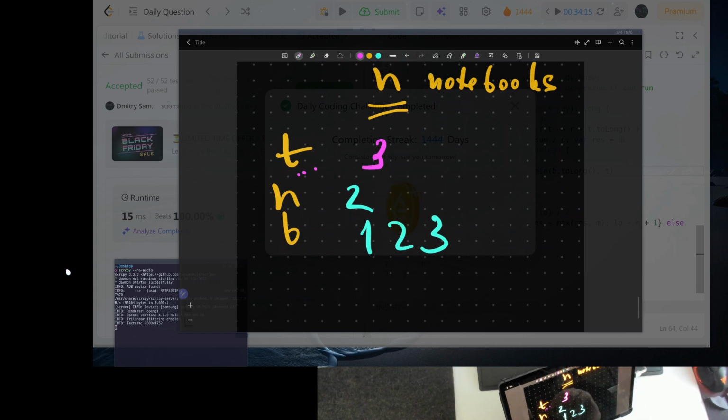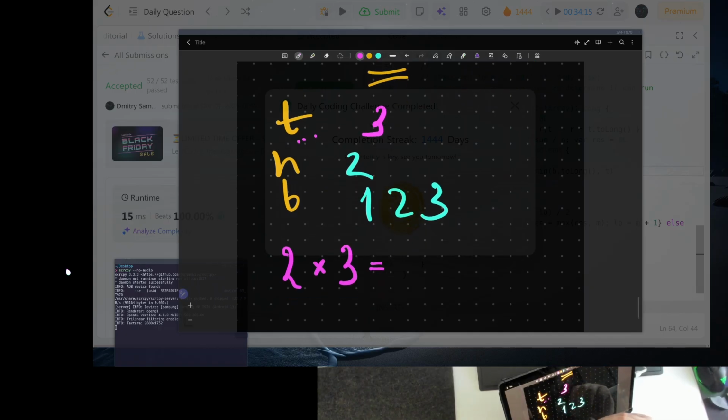So we have two computers and we have given time 3. The total amount of, I would say, energy is 2 computers by 3 minutes. It is 6.